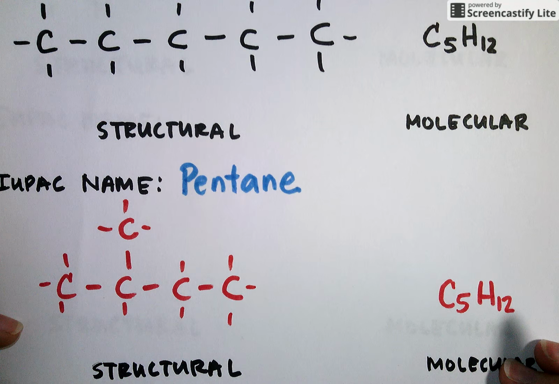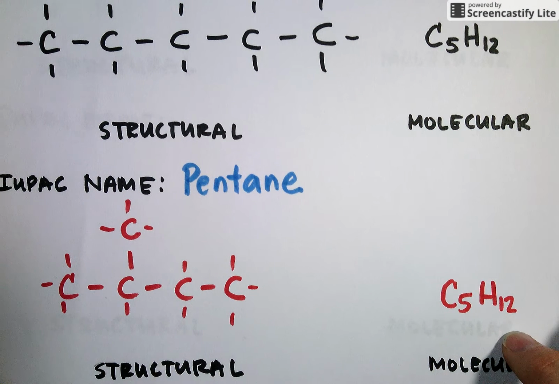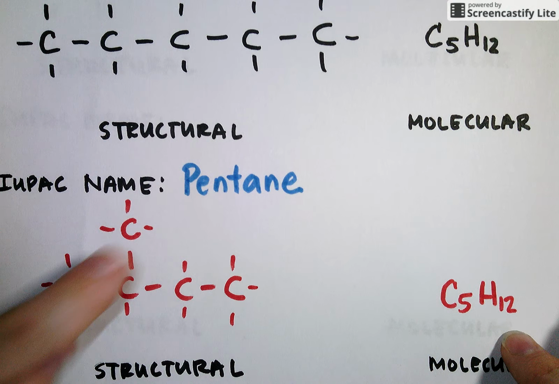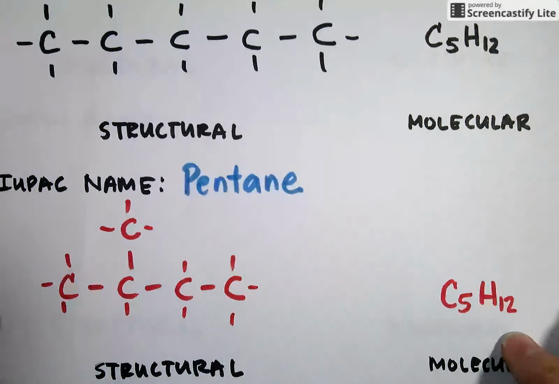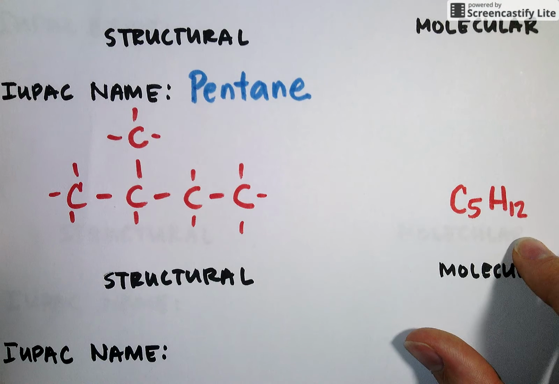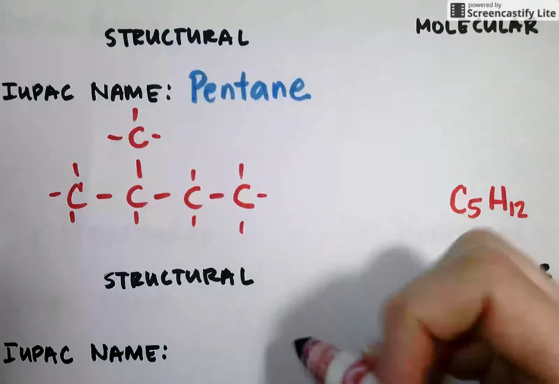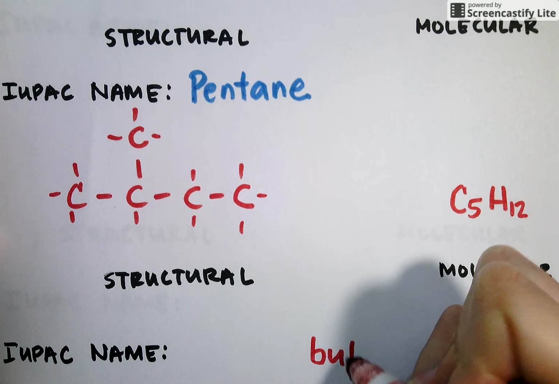And one way to check to make sure that you've got yourself an isomer is number 1, make sure that you really did use 5 carbons and 12 hydrogens. But you can also go back and try and name that compound. If you come up with the same name as your original molecule, you don't have an isomer, you have the same thing. So if we go through and try and name this structure that we've just drawn, what I see is, again, my longest chain is 4 carbons, which I usually call butane.